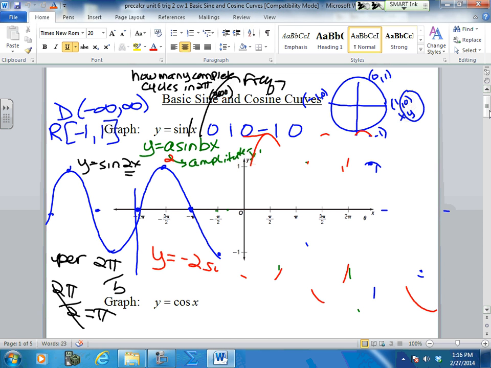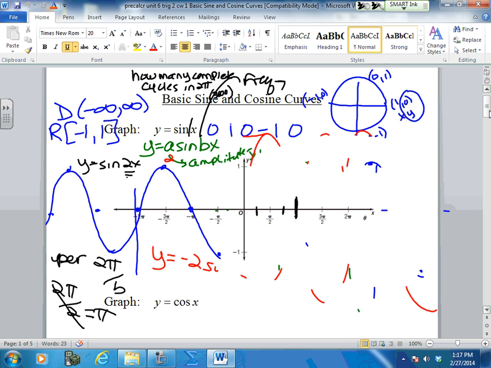Now, watch what this pattern does for us. If I want to change this to 2 here, at the 180, I have to have gone around 360, and then from here to here, another 360. How many quadrants in 360? 4 quadrants, right? I need to complete 4 quadrants in this short time. So I take this and I increment it into 4 equal parts. Half of 90 is 45, right?